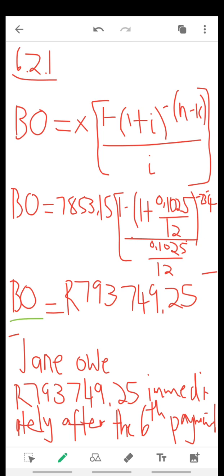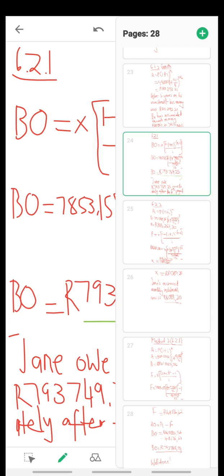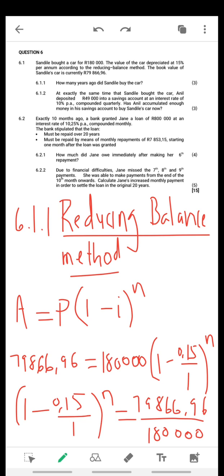5 over 12. 4 years, we are looking for the new monthly installment effect.